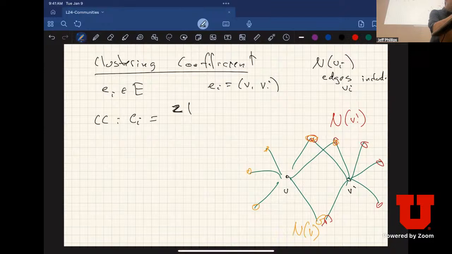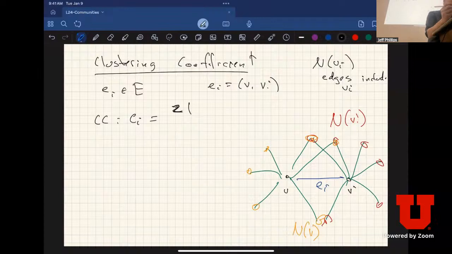So I'm going to look at this edge here, between v and v prime.